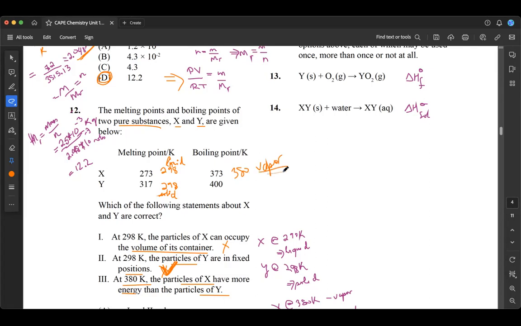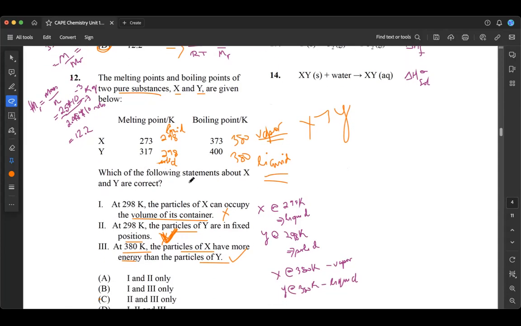And we know that vapor can move a lot faster than whatever we would have in Y. At 380, we don't have vapor for Y. We're in the liquid phase, because we're above the melting point of Y, but we're not above the boiling point, so we wouldn't have vapor. We would have liquid for Y. Vapor particles are more energetic and have more energy. And so the particles of X would have more energy than the particles of Y. So this is a correct statement.